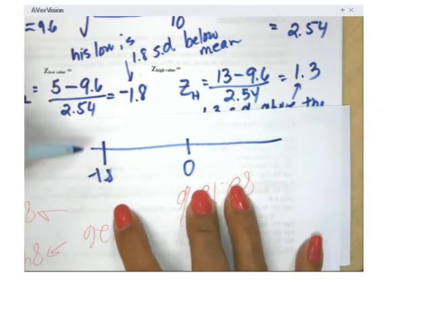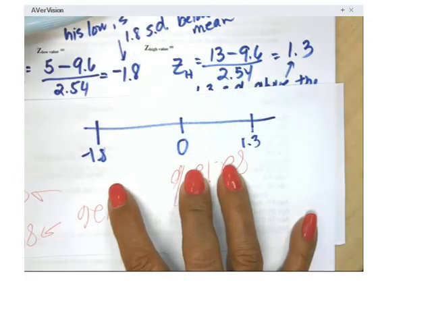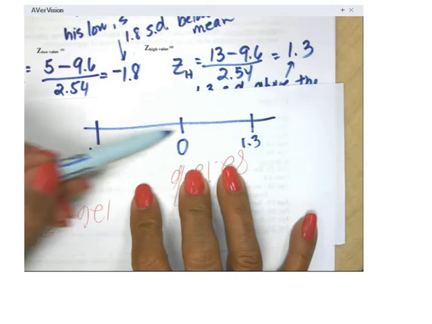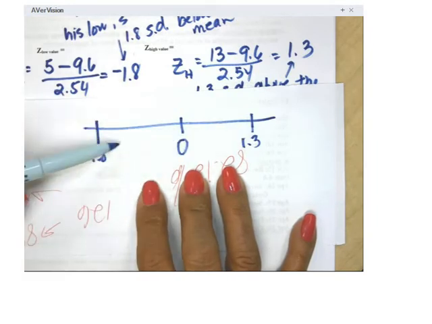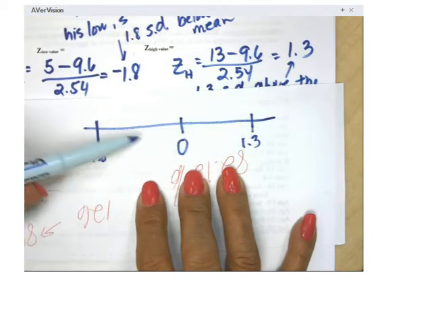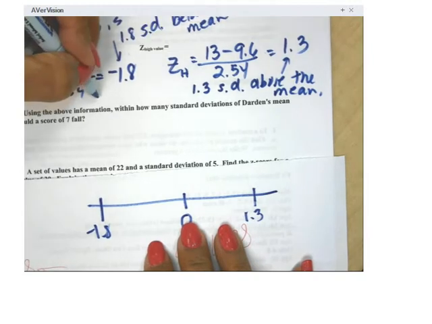And so if I answer the question, it said within how many standard deviations of the mean do all the values fall? Well, here's the mean, which would be a 0. His low score was down here at negative 1.8 standard deviations away from the mean. His upper score was at 1.3.